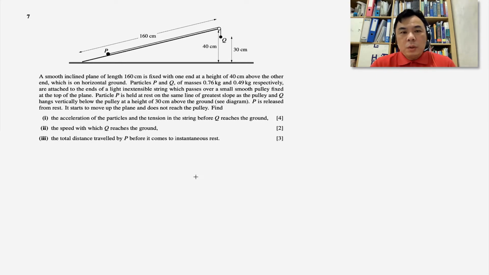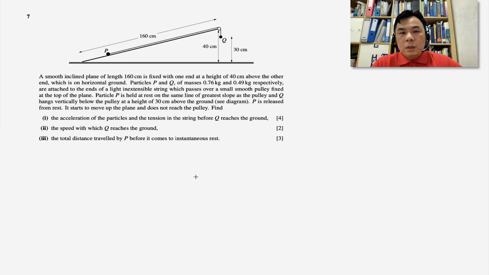So here we are given a slope, a smooth inclined plane of length 160 centimeter, fixed with one end at a height of 40 centimeter above the other end, which is on a horizontal ground.